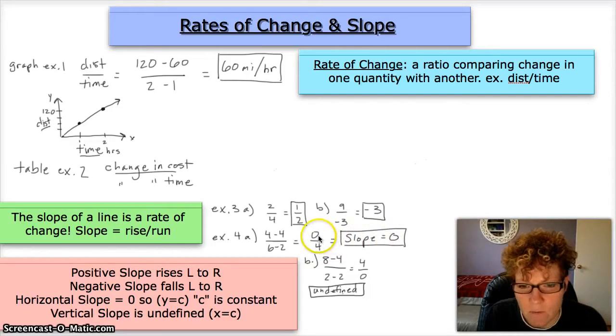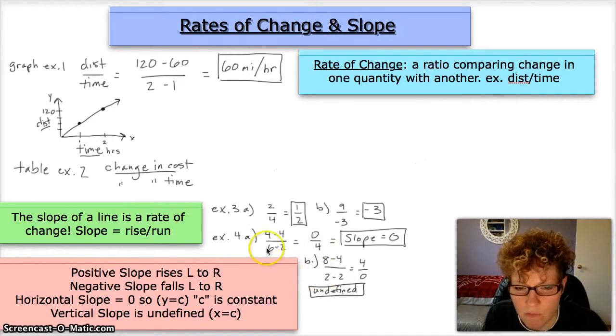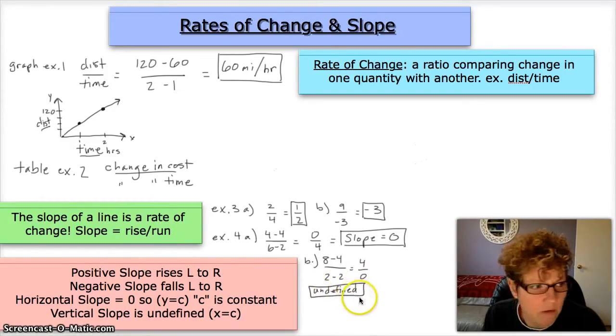The y would be the constant, which would be 4 in that case. Example B is 8 minus 4 over 2 minus 2, which is 4 over 0, so that would be undefined.